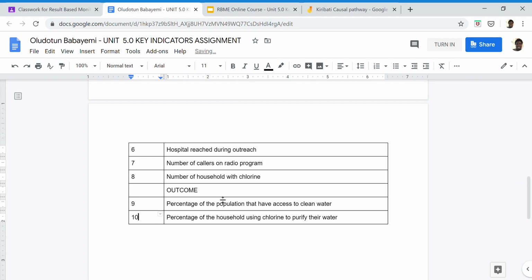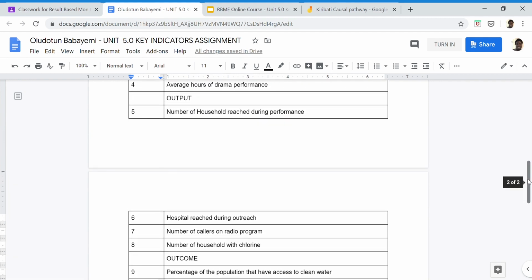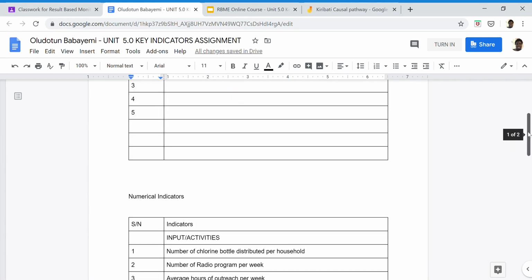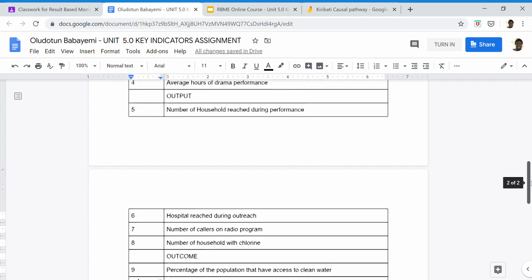We can add that as well as an outcome. I'm going to stay there a bit and pause there.